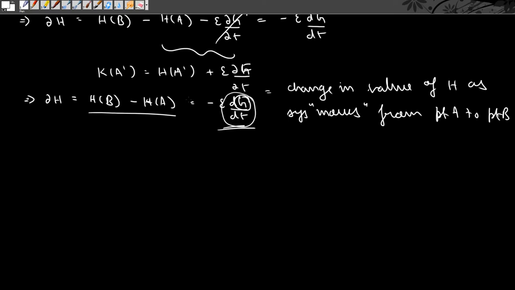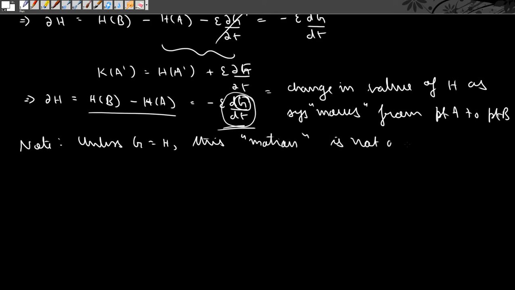Okay, so let us write those things down first. So note that unless G is equal to H, this motion that I have talked about here is not along the actual path. This is an abstract motion in terms of the active interpretation, as I told you when I gave you the example about conducting the experiments at two different points and examining whether the system behaves the same way or not.